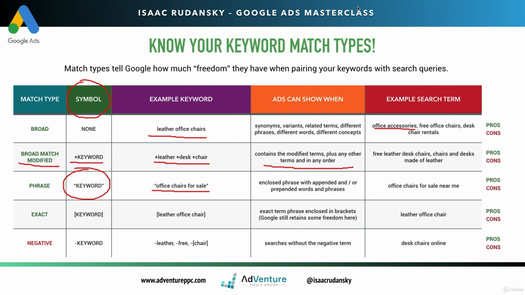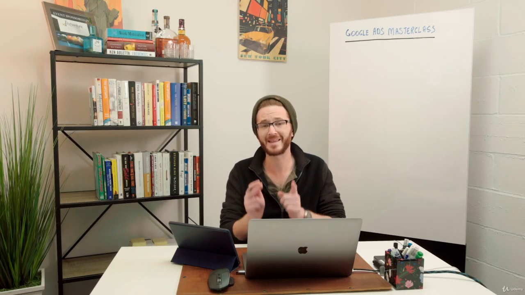For example, office chairs for sale near me. We have that entire phrase that I have in my keyword, office chairs for sale. Near me is not in my keyword, but it's okay. You could have words and phrases appended to them and your ad might still be eligible to show. The main thing is that the keyword has to show up in the same order.